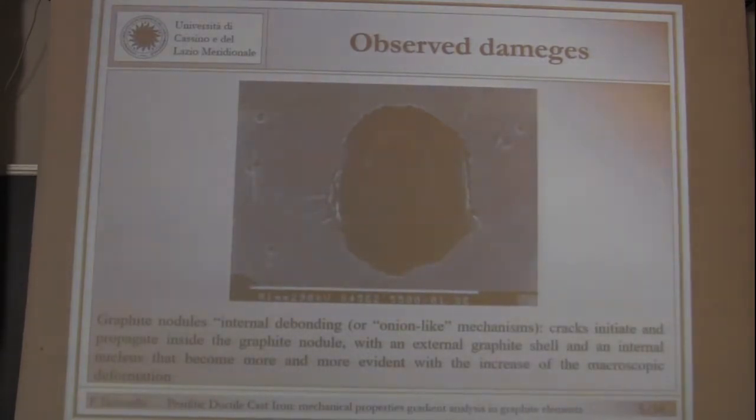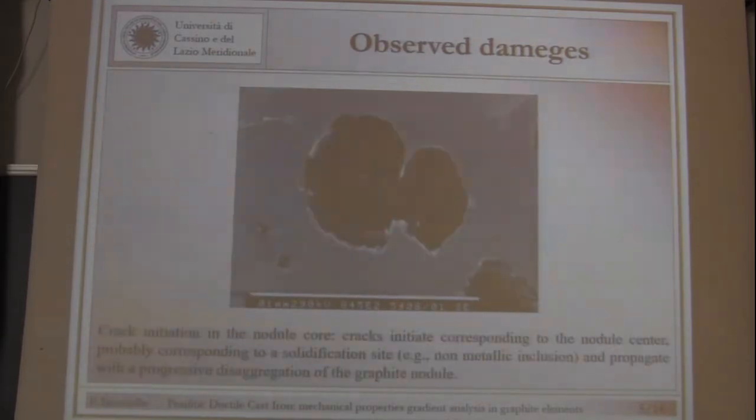We named this kind of damage nodule-like. We observed this mechanism in many of our experiments.